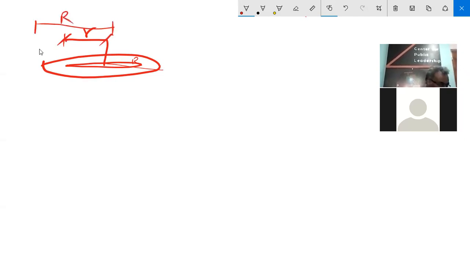Internal and external radii: small r equal to 3, big R is equal to 5 meter. Now he's telling to find the TSA, find the CSA of the hollow hemispherical shell. Now you should remember the formula.